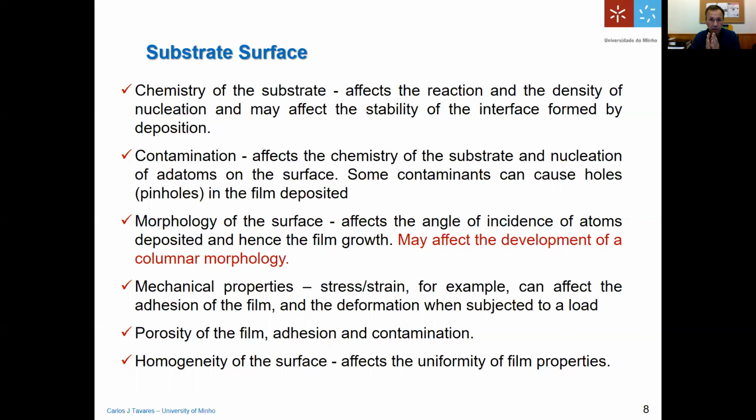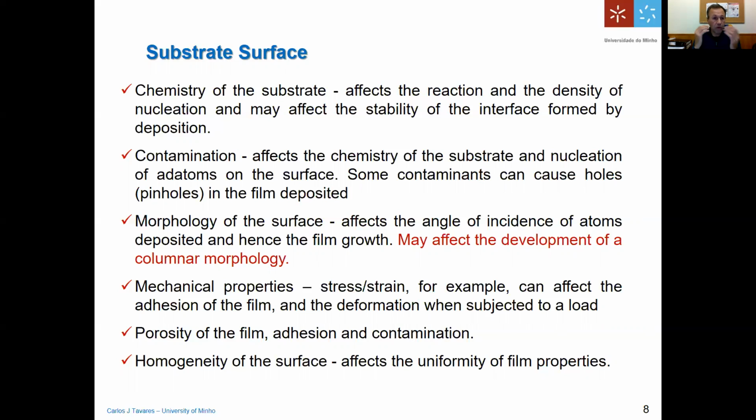Okay. So the chemistry of the substrate affects the reaction, the density of nucleation, and may affect the stability of the interface. So this interface, in some cases, you need it to be sharp. And if you have some impurities, then you will have some intermixing between your substrate and the layer that you're going to deposit. And sometimes this will hinder the mechanical properties, for example, adhesion.